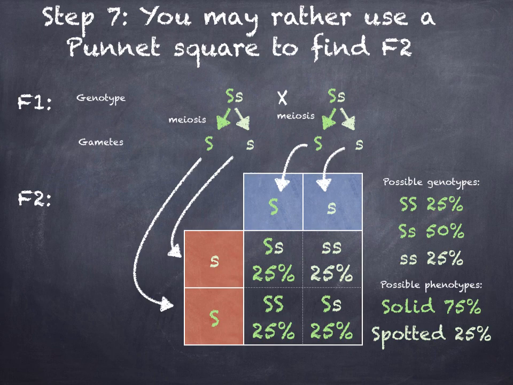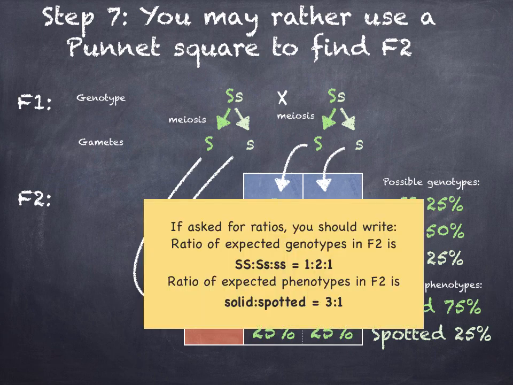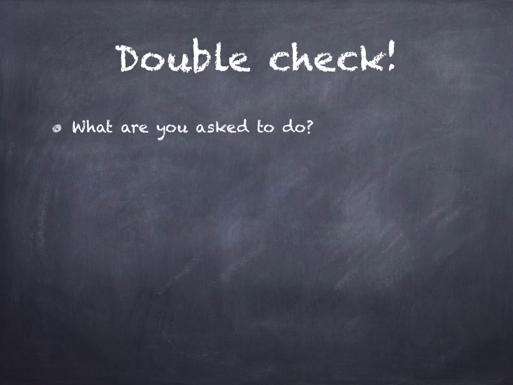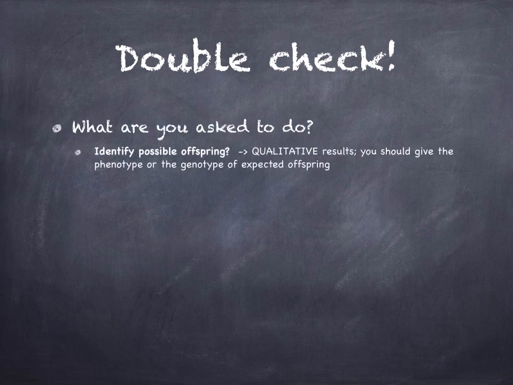And again, if you are asked for ratios, you should rather write them in terms of 1/2/1 in genotypes and 3/1 in phenotypes. Now, the last thing you have to do is to double check. First of all, what were you asked to do? If you were asked to identify the possible offspring, you just need to cite the results in terms of qualitative results.